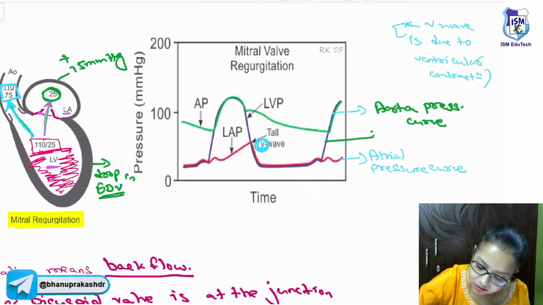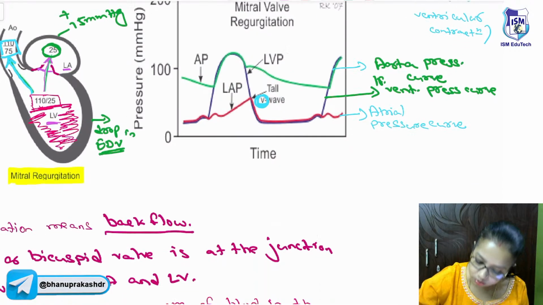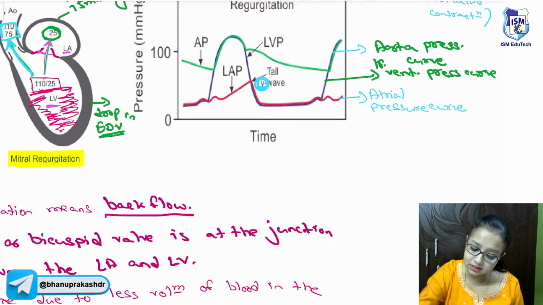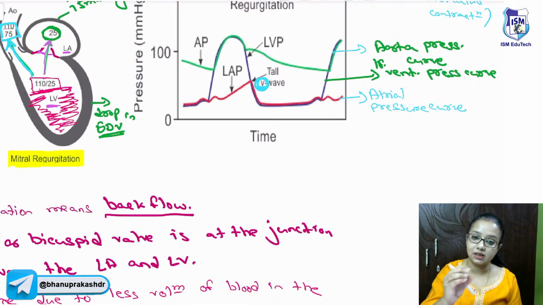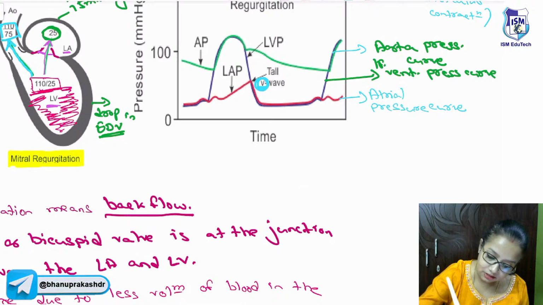And this blue one is the left ventricle pressure curve. So, when there is not enough blood and there is always a gap for the blood to go back, the ventricular wall has to do more work.